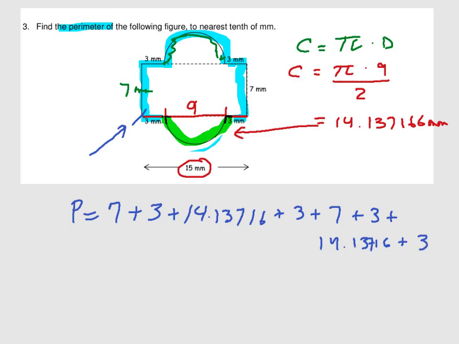So we're 3 3s, 2 7s, and 2 semicircles, or a whole circle.